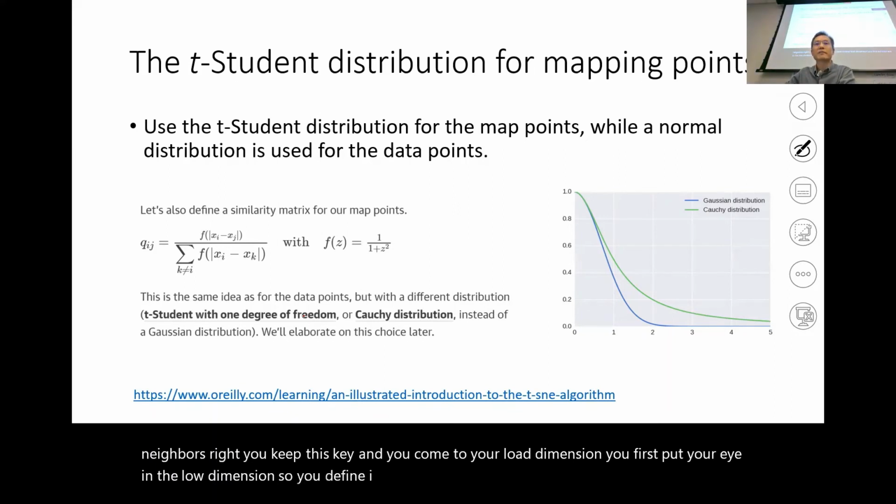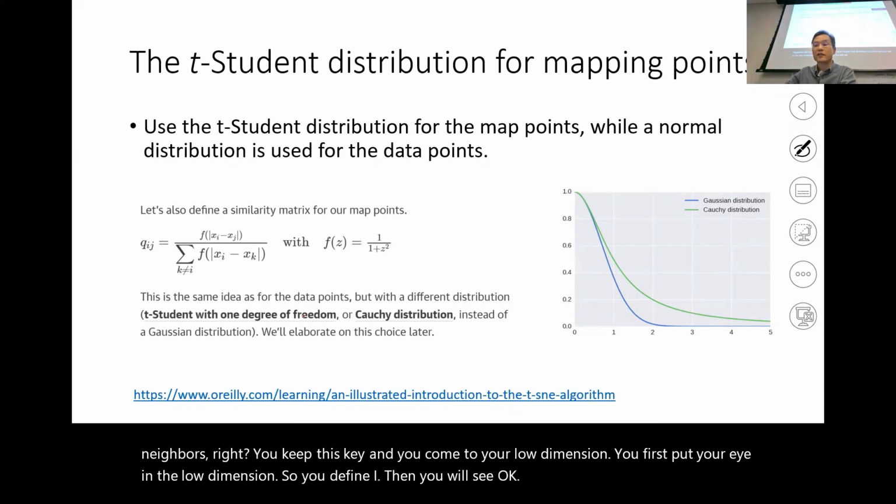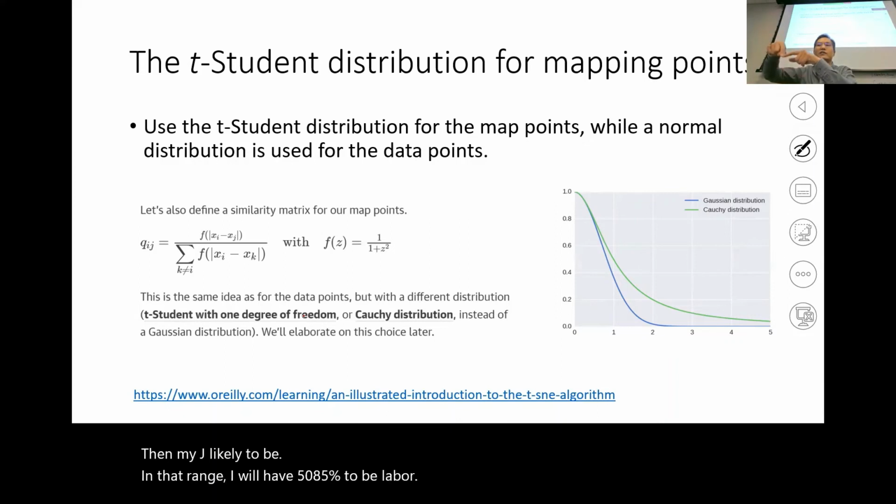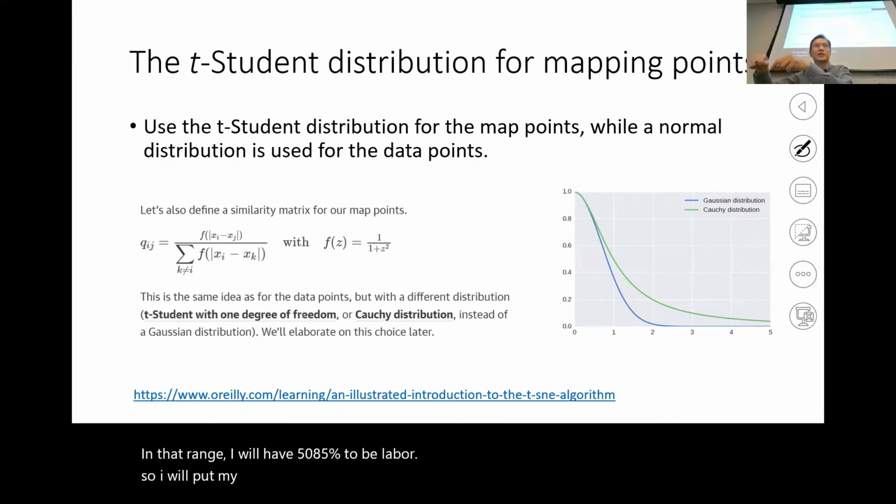Then you will see, okay, if I'm away from a 0.52 distance, then my j is likely to be in that range. I will have 85% to be neighbor. So I will put my j in the low dimension away from this i point by 0.25 distance.